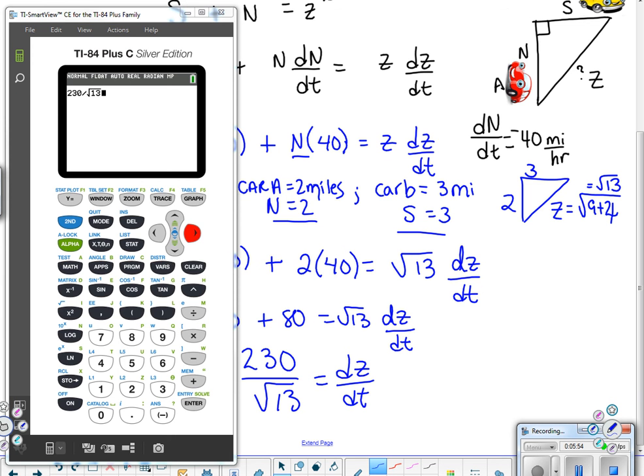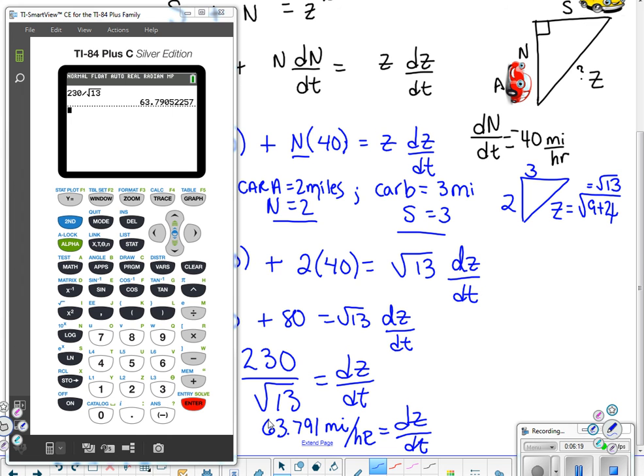Okay, if we get the calculator out, we can take 230 divided by the square root of 13 and get 63.791 miles per hour. That is what dZ/dt, the hypotenuse, the distance between the cars, is changing at a rate of.